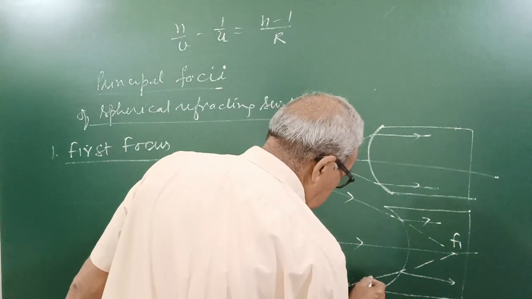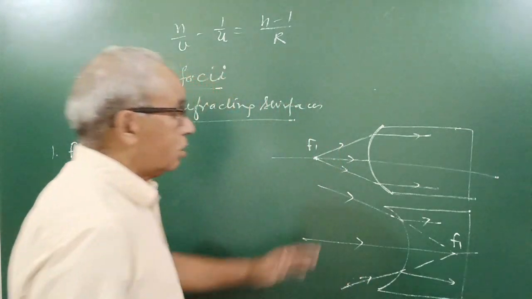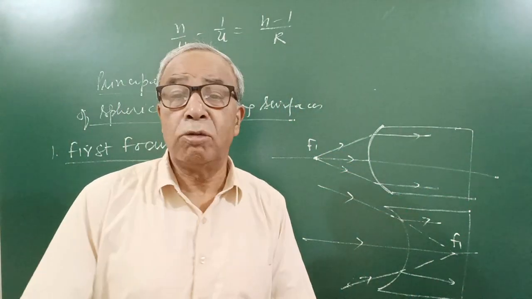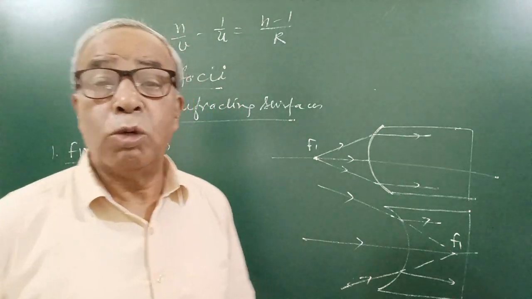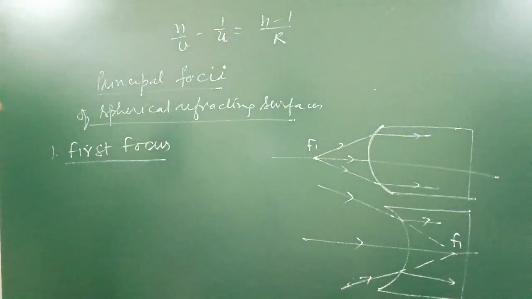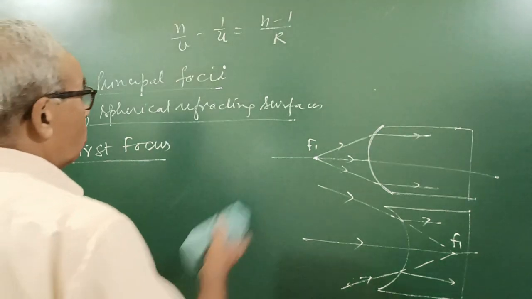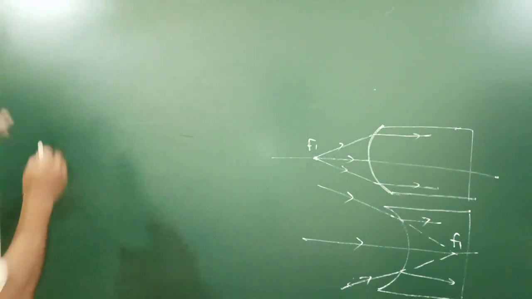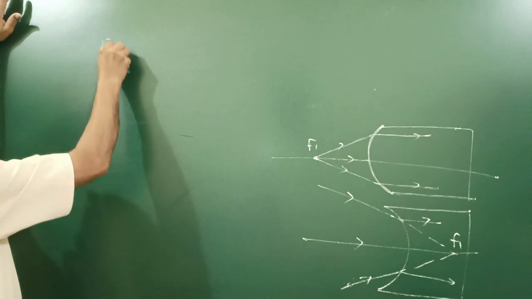The aim of learning this topic, refraction at a surface, is to understand how the light rays converge or diverge. So how to define first focus?